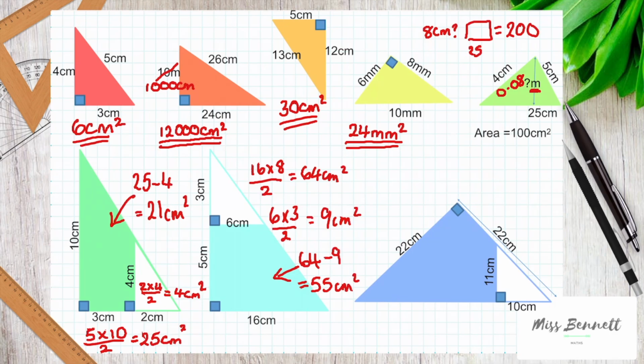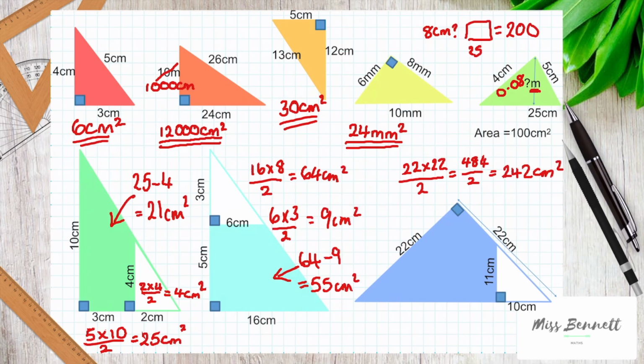For the final question, this is the base and the height, which are perpendicular to each other. 22 multiplied by 22 and half that. 22 multiplied by 22 is 484. Divide that by 2 is 242 centimetres squared.